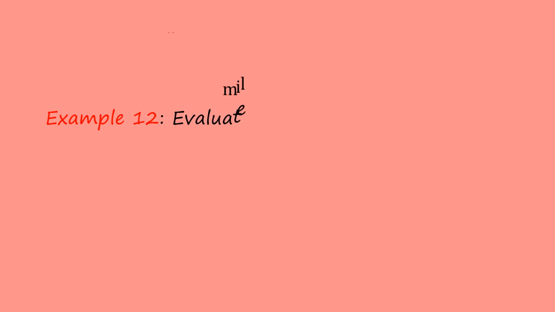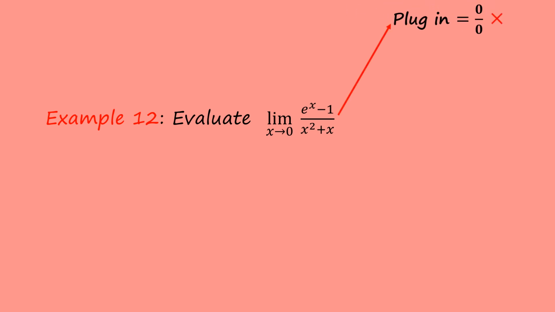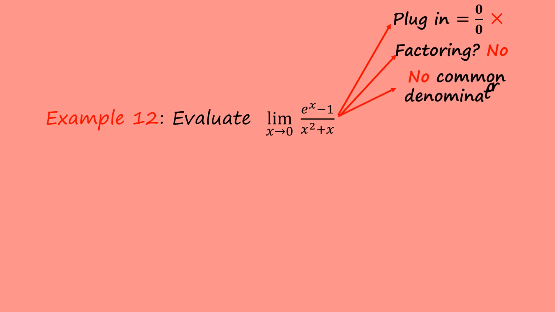Now let's apply the L'Hopital rule to this. The reason is that if we plug in, we get 0 over 0, which is not applicable. If we try factoring, it is also not applicable. Is there a common denominator?